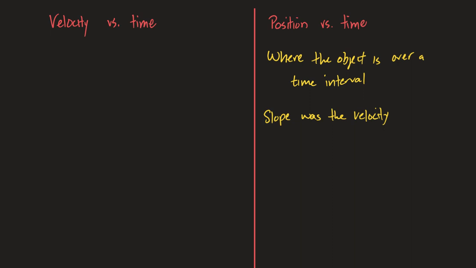There are other things we can get from a position graph, but that's the extent of what we discussed the other day. We also discussed the velocity versus time graph. And I think, again, what does it tell us? Well, first, it tells us how fast and in what direction the object was traveling. That's what it tells us. How fast and in what direction the object was traveling.